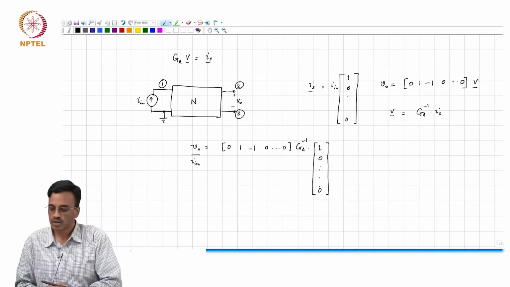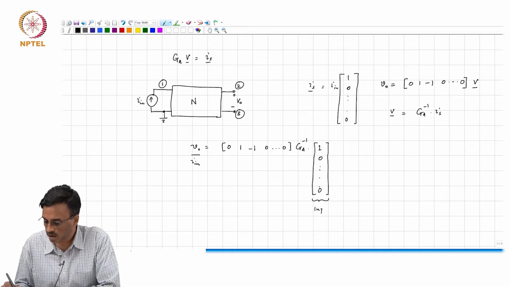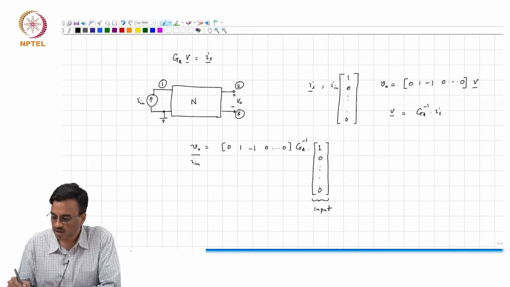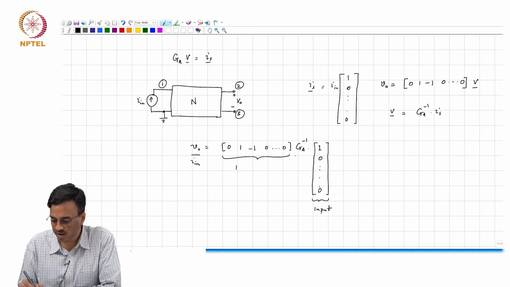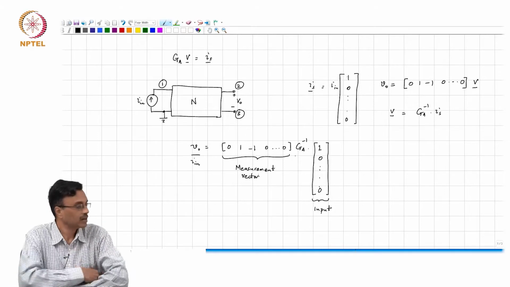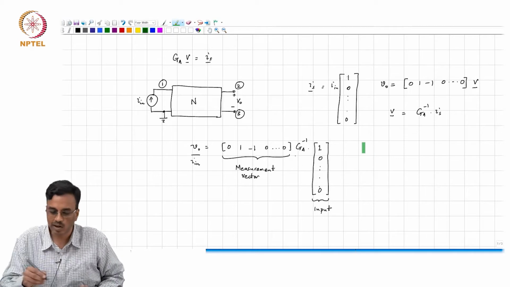The last vector corresponds to the input vector. This is the circuit matrix, of course, and this is what I will loosely call the measurement vector, or the measurement matrix, if you like. You can think of this as a mathematical operation.